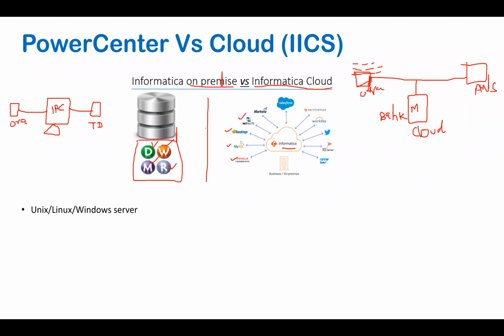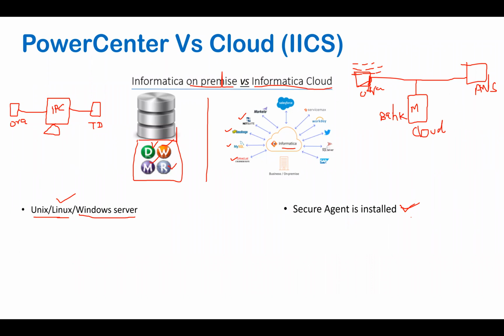Here, Informatica PowerCenter is running on Unix and Linux machines, and very rarely on a Windows server, but mostly on Unix and Linux servers. Who will maintain this Unix and Linux server? It is maintained by the organization. But here, only the secure agent will be installed in our machine, in the real-time project environment, and you just connect to IICS and open it.